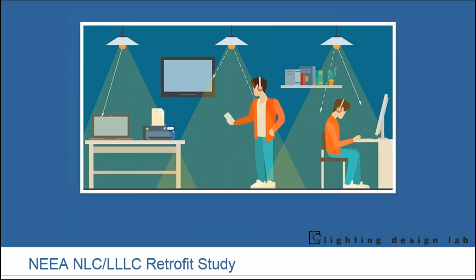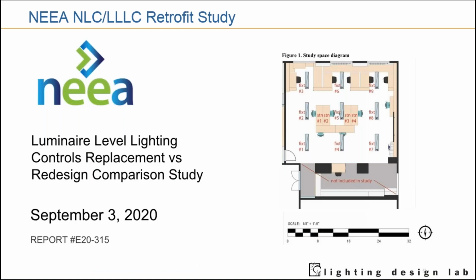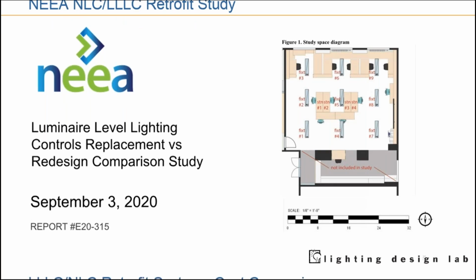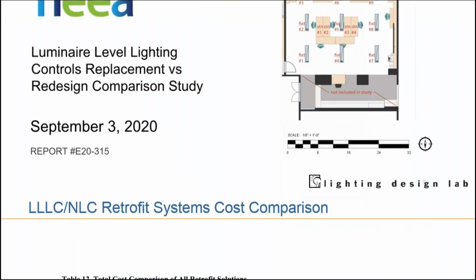It used to be similar to one of my pilots, 1x4 2-lamp fluorescent. What they studied is they procured 4 separate luminaire level lighting control systems, as well as what they call a redesigned system, which is actually just a zone-based network lighting control application.